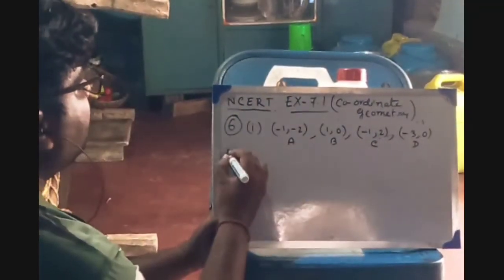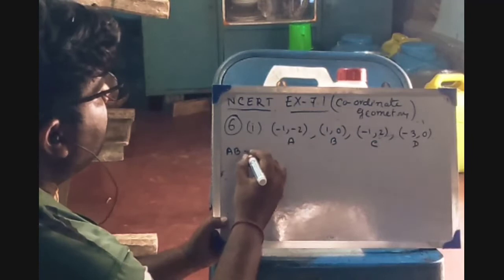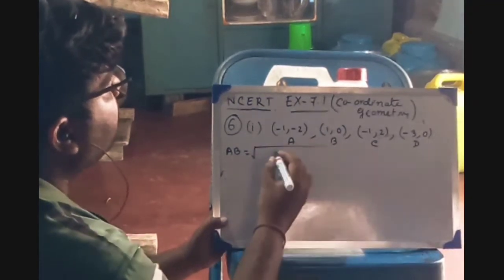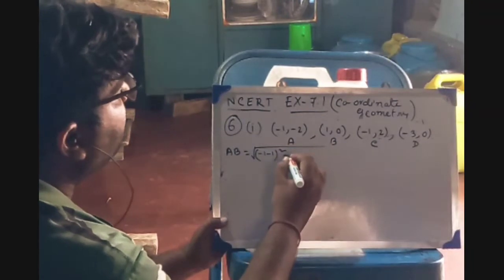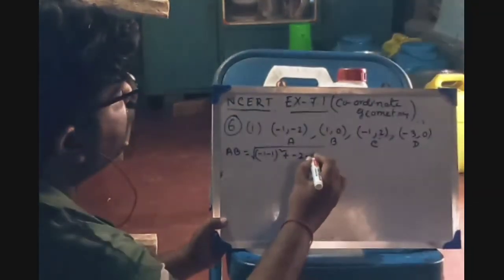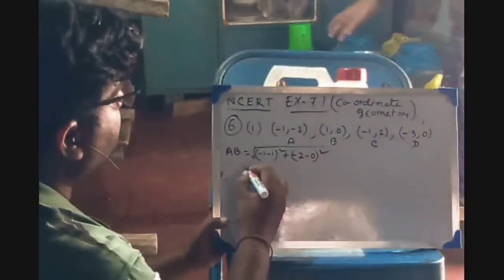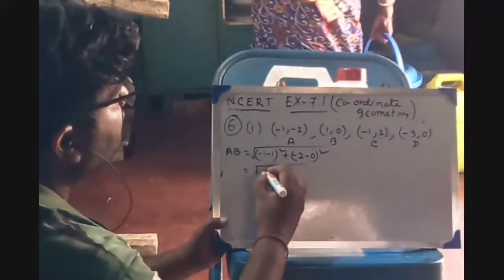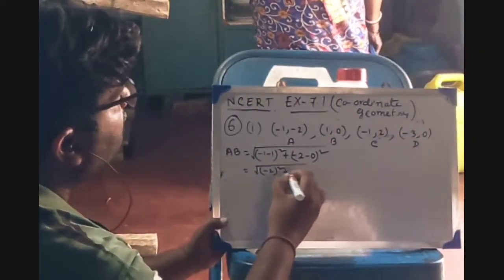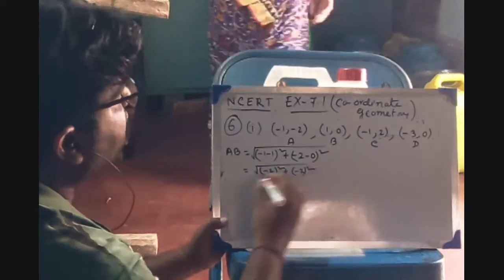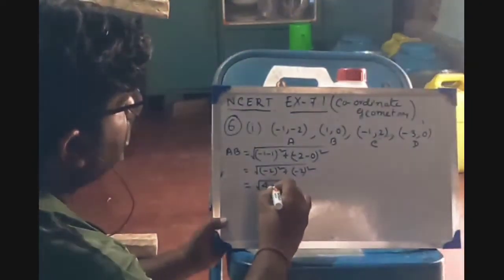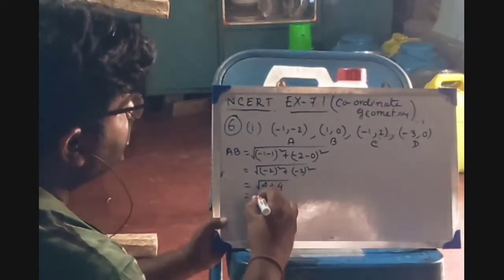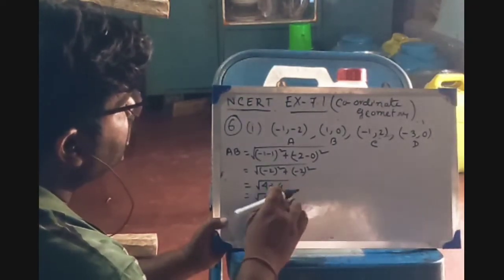We have to find AB first. AB is equal to root over of (minus 1 minus 1) whole square plus (minus 2 minus 0) whole square. That means root over of (minus 2) square plus (minus 2) square. That means root over of 4 plus 4, that is equal to root over of 8.